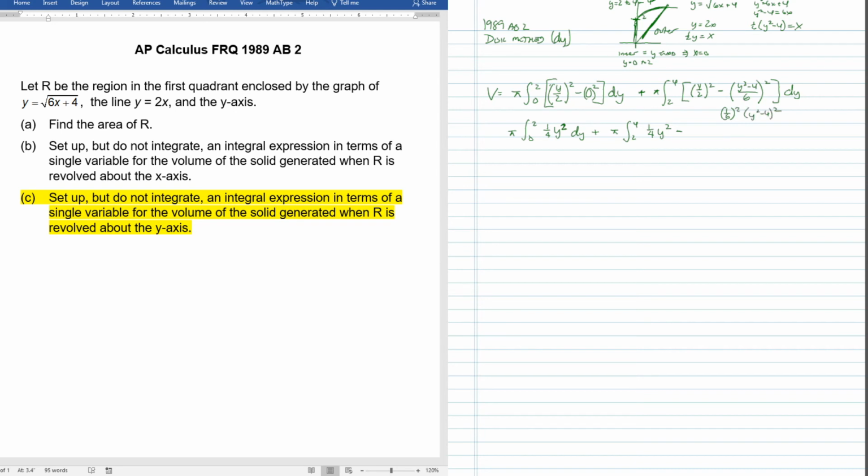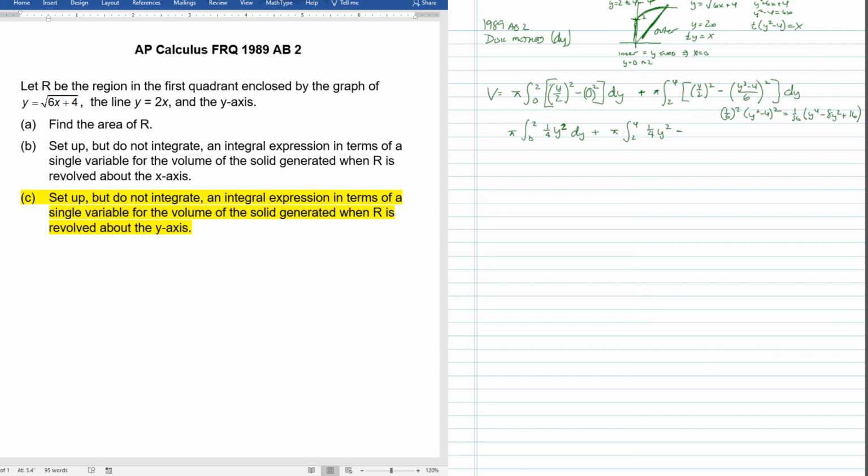And so that means this is 1/36 times the quantity y to the 4th minus 8y squared plus 16.